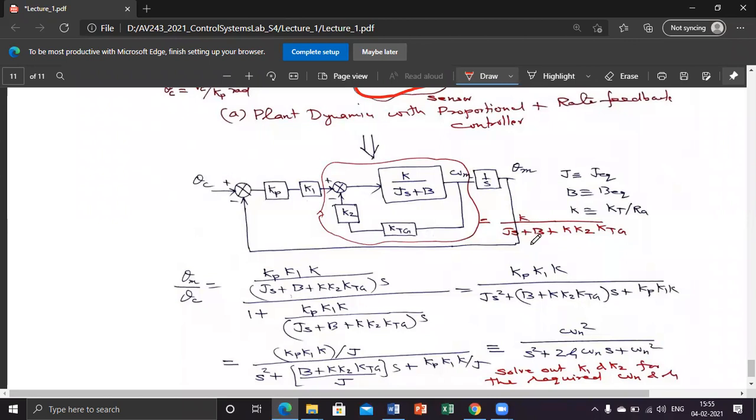But this B is due to a real physical source, but there is no such physical damping. It is an active loop. There is no such physical element here, because we are sensing the angular velocity through a tacho generator. There is no rubbing element. It is purely an active path.